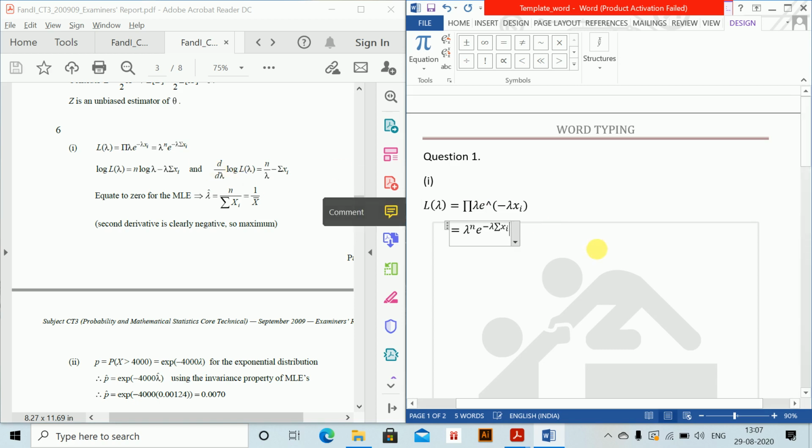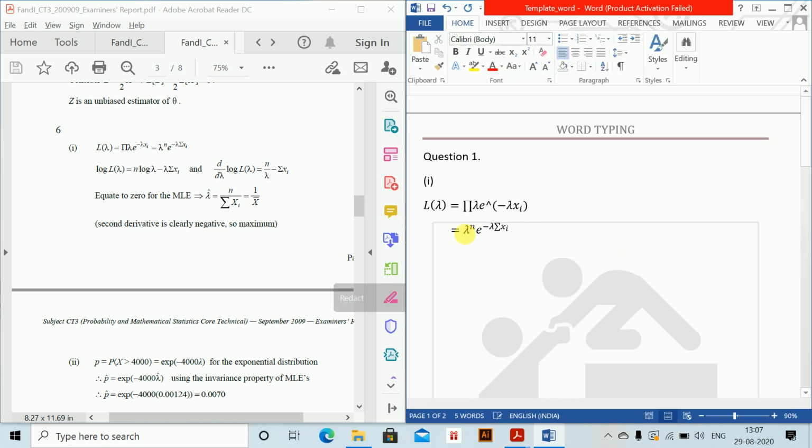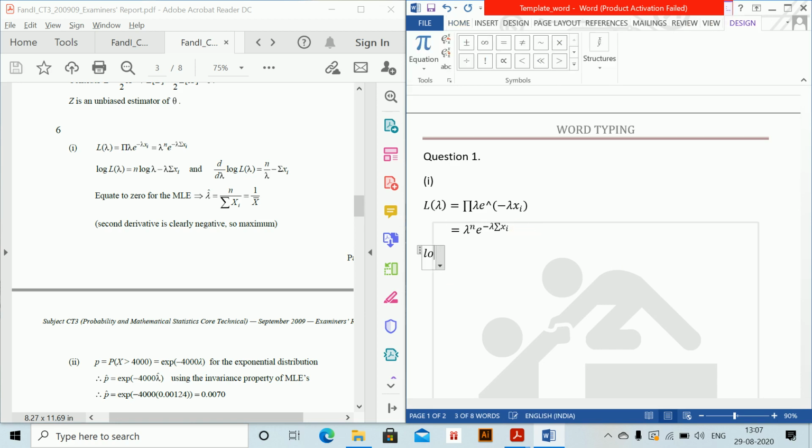So e to the power minus lambda summation xi, and then taking log we have log of L lambda is equal to n log lambda minus lambda summation x underscore i.